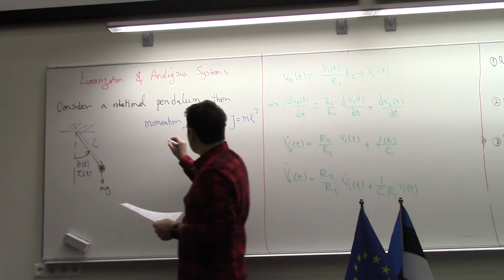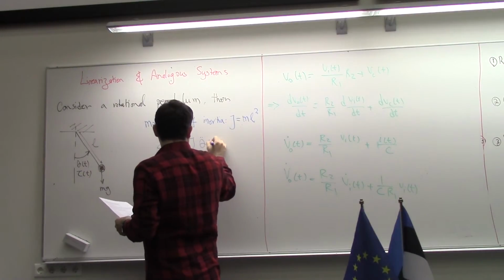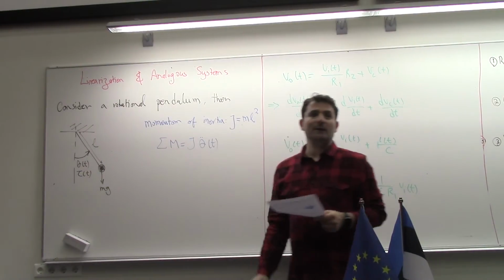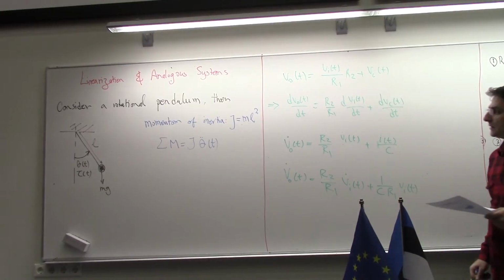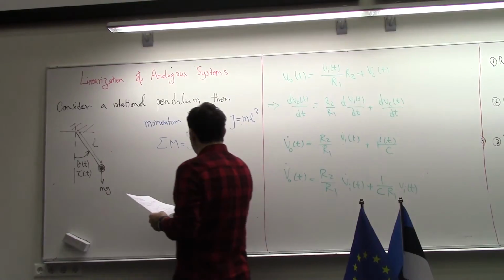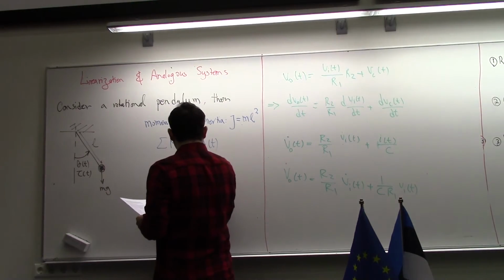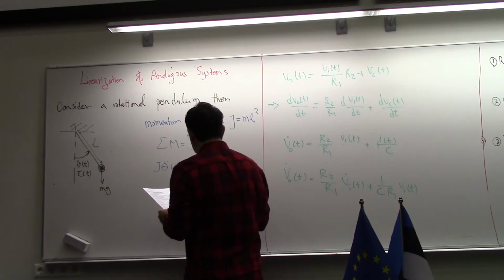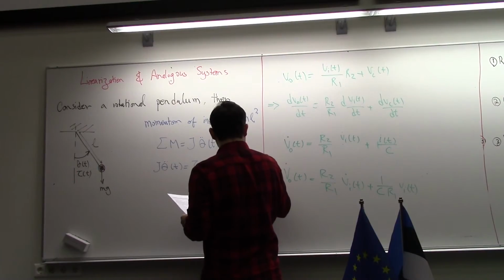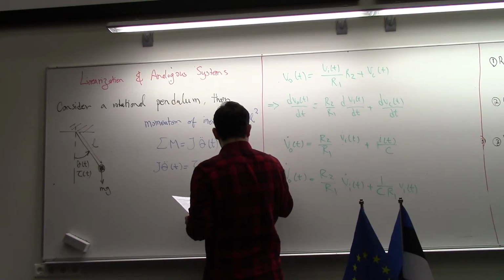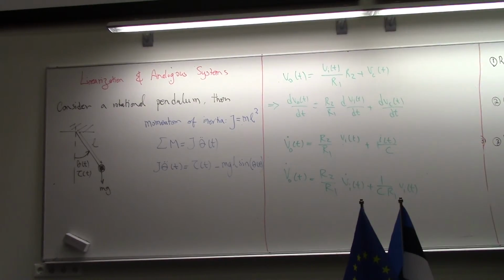So the summation of M is equal to J alpha, which is the angular acceleration, theta double dot. So it will be the momentum minus the mgl sine theta.